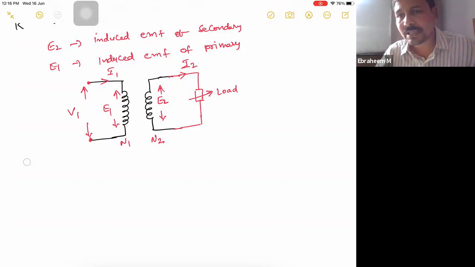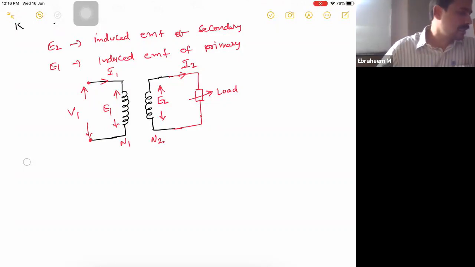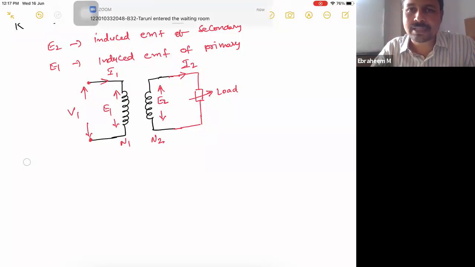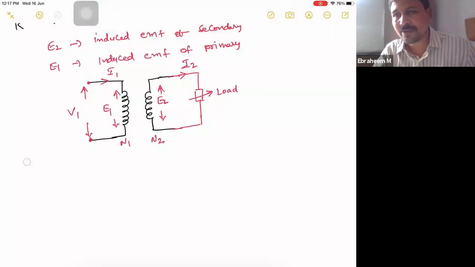Because I2 produces time varying flux. This time varying flux causes, according to Faraday's law, induced EMF. Whatever conductor is linked by the time varying flux, in that conductor you will have induced EMF. So I2 is time varying, so it produces time varying flux phi 2. That phi 2 will induce self-induced EMF in the secondary coil and mutually induced EMF in the primary coil.